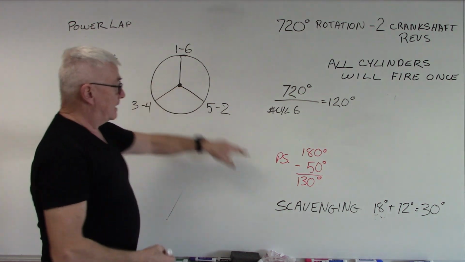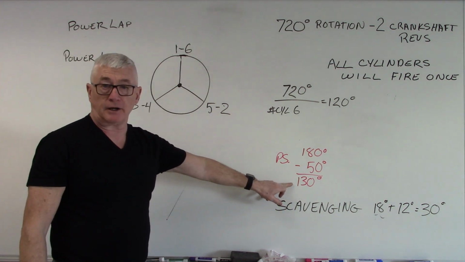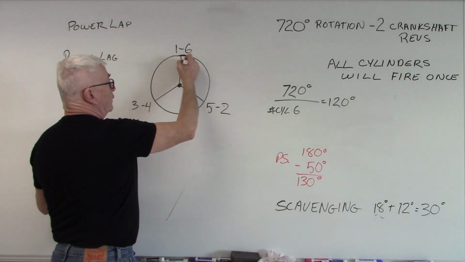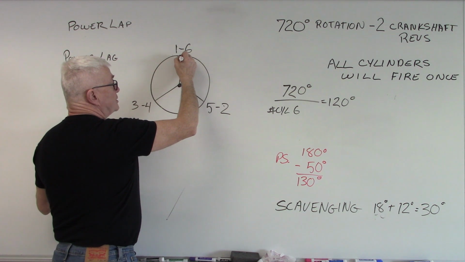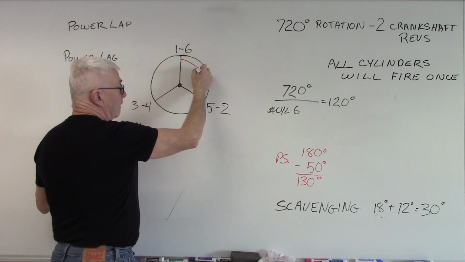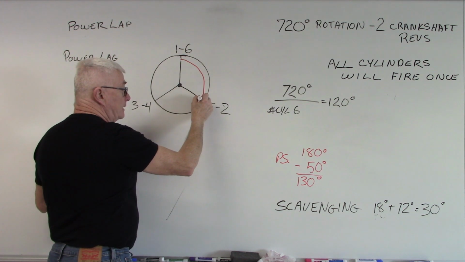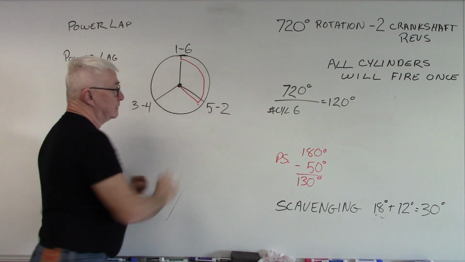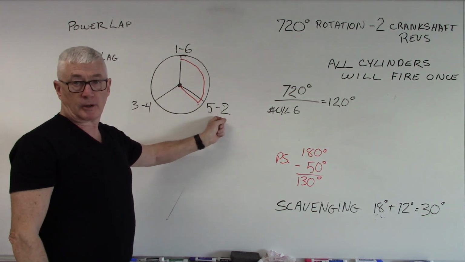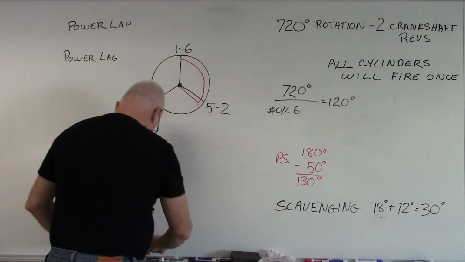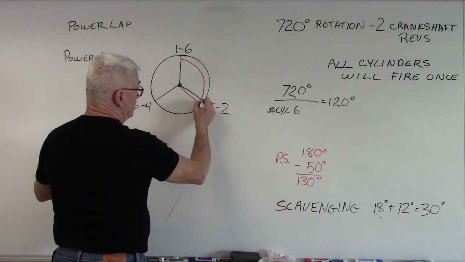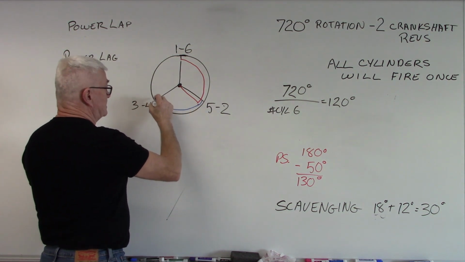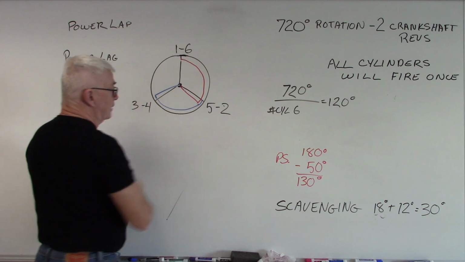But because the length of my power stroke on number 1 is 130 degrees, the power stroke for number 1 is going to start here, and it's going to keep going 10 degrees after number 5 has started its power stroke. And number 5 is going to start its power stroke here, and it is going to go 10 degrees past where number 3 starts its power stroke.